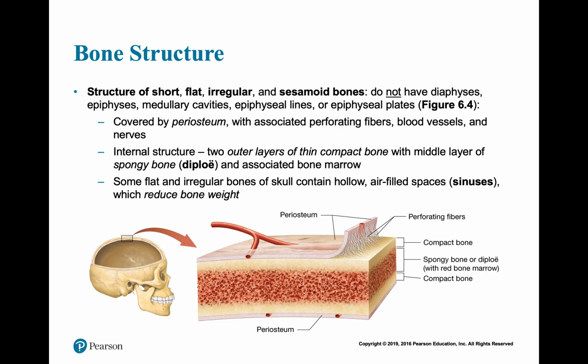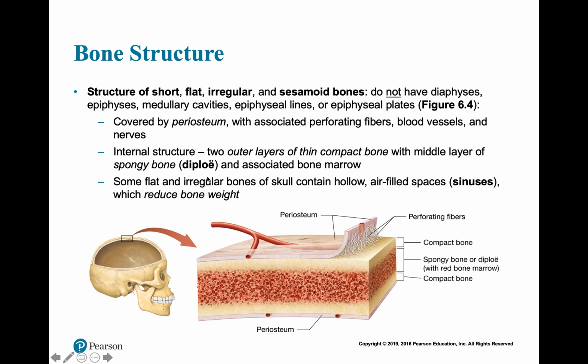It makes all these little cavities. Those cavities can house and protect red bone marrow, as well as reduce the weight of the overall skeleton, especially the head. Our brain weighs a lot, and if our bones were super heavy, like compact bone all the way through, our head would be really heavy and difficult to keep upright.